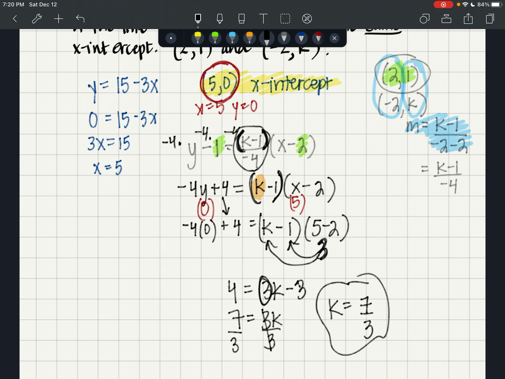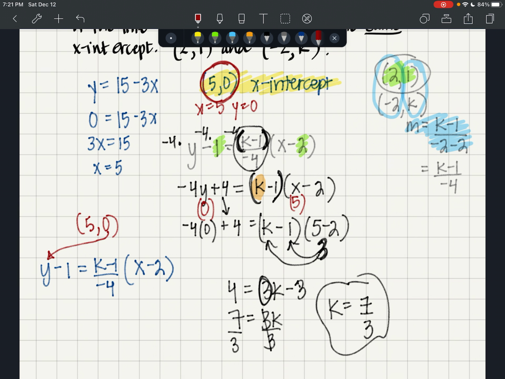Now the tricky part right there was that k minus 1 is still in parentheses. So let me explain this. We had y minus 1 equals k minus 1 over negative 4 times x minus 2. Let's just pretend that I don't get rid of the negative 4, because maybe that threw you off. But you were like, I'm good knowing that I have this x-intercept, right?